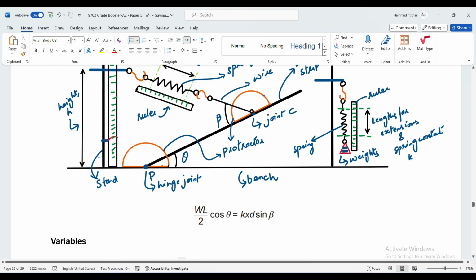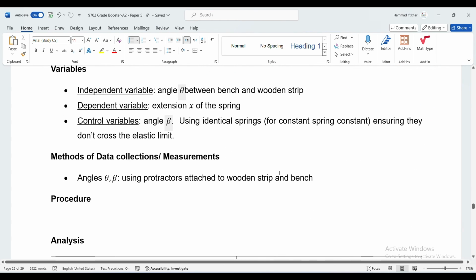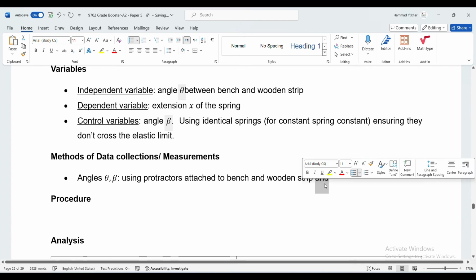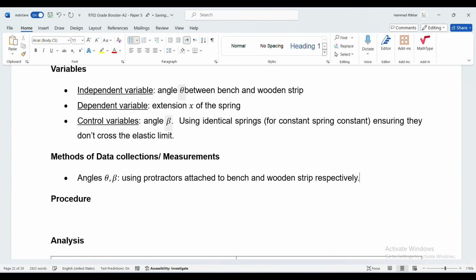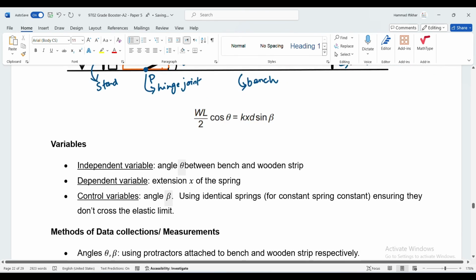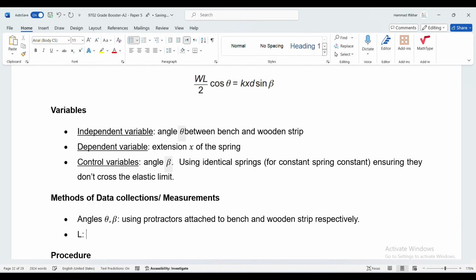Angle theta is attached to the bench and strip, and angle beta to the wooden strip respectively. What else do we have? We have L, the length of the wooden strip, which is measured using a meter rule or ruler.